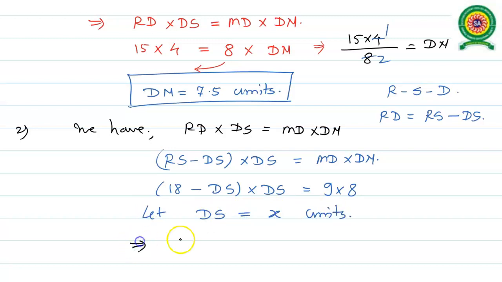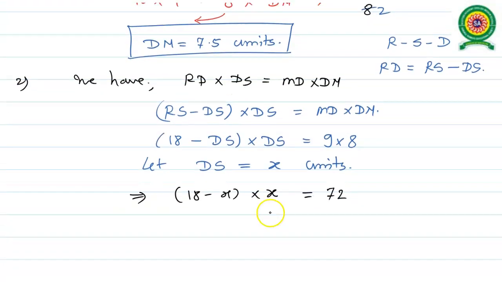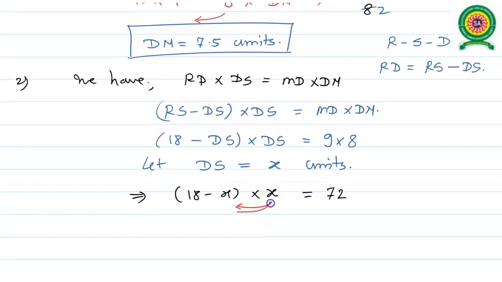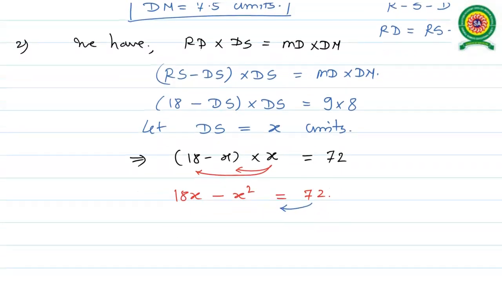So we are getting 18 minus x into x, that is equal to 9 eights are 72. Now try to distribute this x over the bracket, so we are getting 18x minus x square is equal to 72. Now shift that 72 from LHS to RHS and multiply throughout the equation by minus 1.